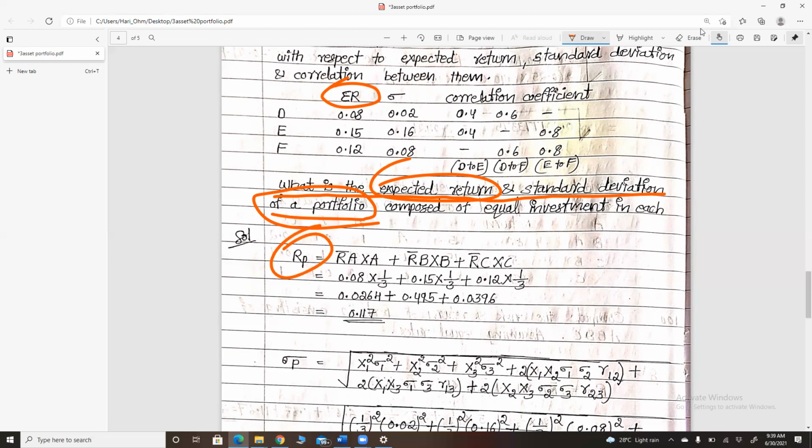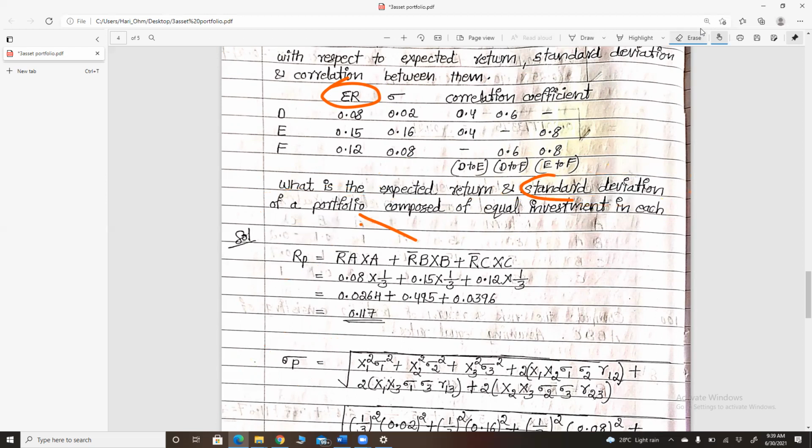Remember, if expected return is given in the question, then you need to calculate portfolio return. If expected return is not given, then you have to calculate expected return first, then you have to calculate portfolio return. That you have to remember. Standard deviation of portfolio is nothing but portfolio risk. Is it clear? Okay, understood?